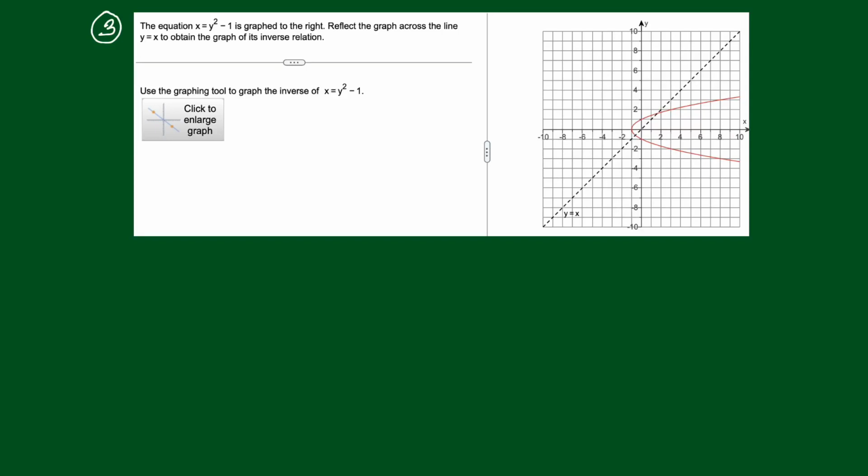What we want to do in this problem is to find the inverse of this relation right here, x equals y squared minus 1, and here is a picture of it right here. The way we're going to do this is that we are going to reflect this graph around the line y equals x. So we need a little right brain activity here.